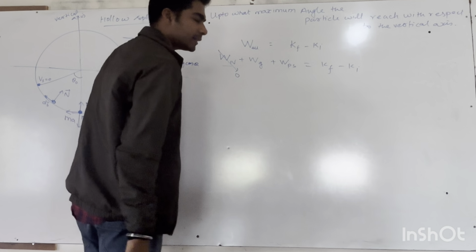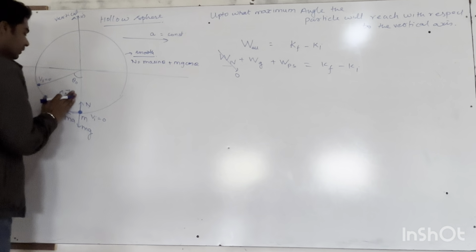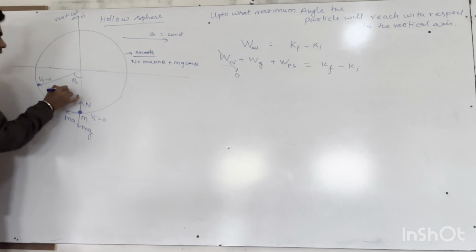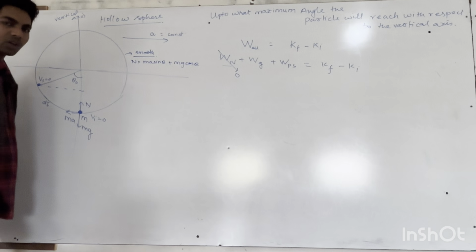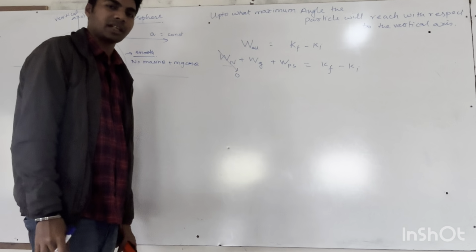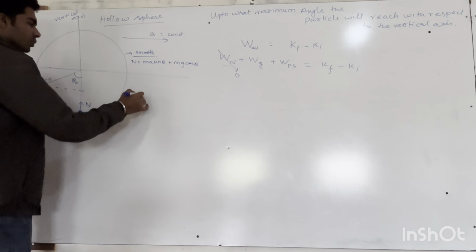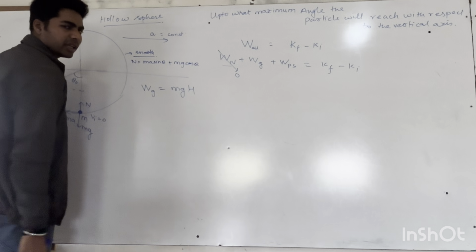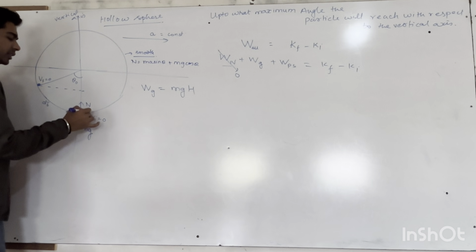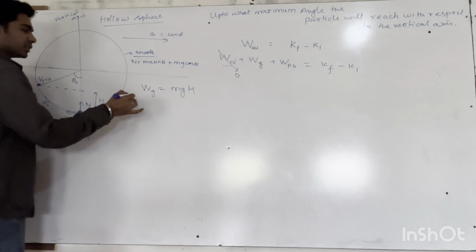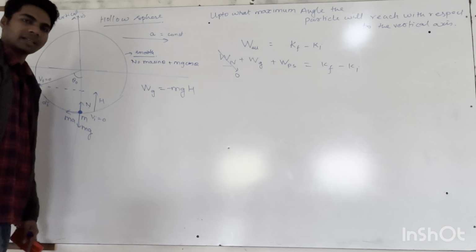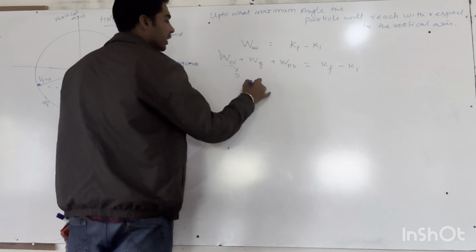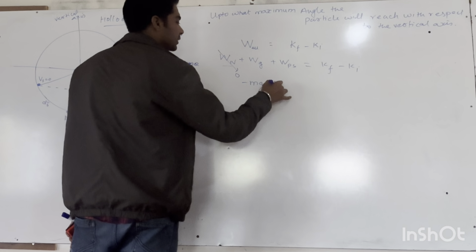For the work done by gravity, it depends on how much vertical height the particle has traveled upward or downward. So work done by gravity is mgh. If h is the height it has traveled against gravity, the work done is minus mgh. So we will write the work done by gravity as mg times minus h.